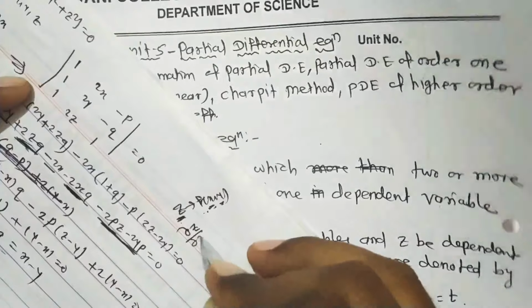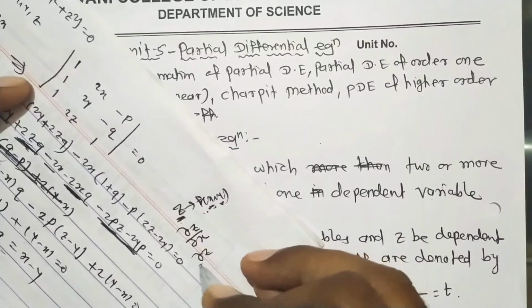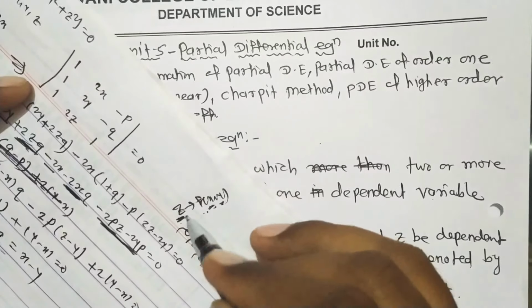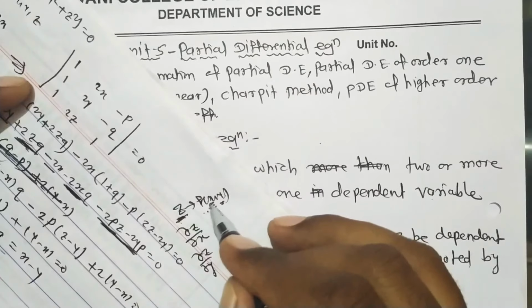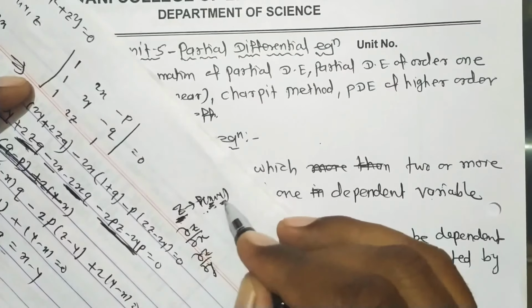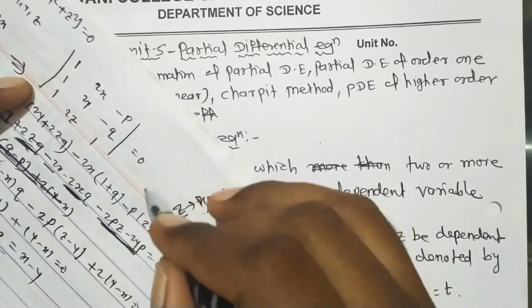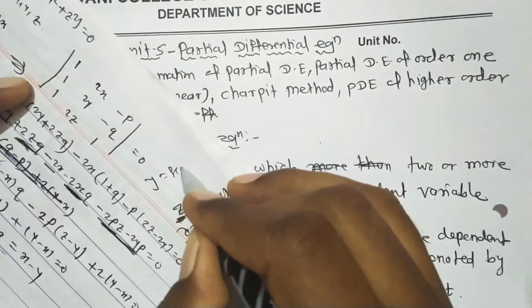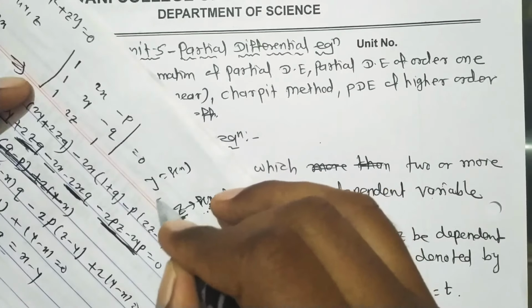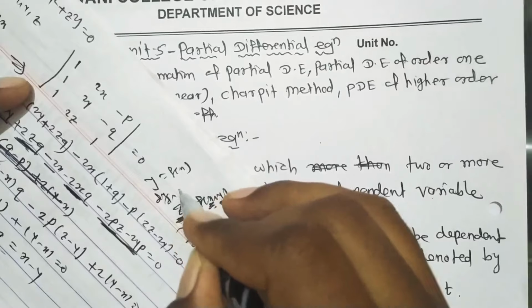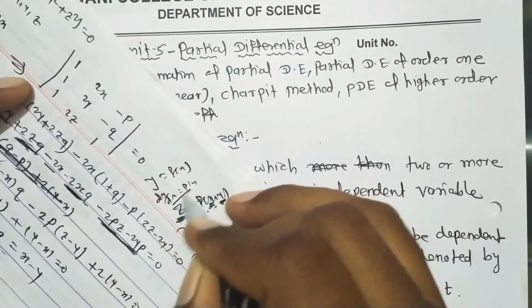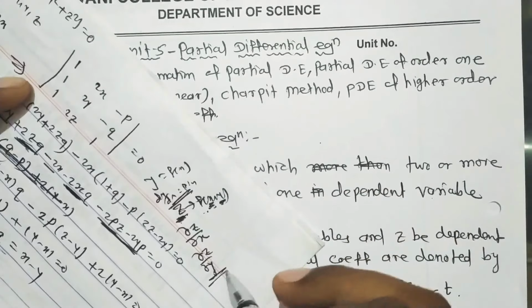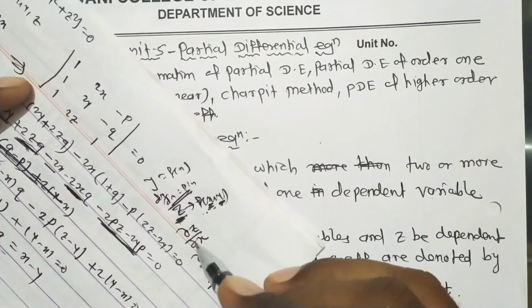It is denoted by ∂z/∂x and ∂z/∂y. That is partial derivative of z with respect to x separately and partial derivative of z with respect to y separately. And suppose y is equal to f(x). So from this we can find dy/dx is equal to f'(x). Means this is the ordinary derivative. This is the partial derivative.